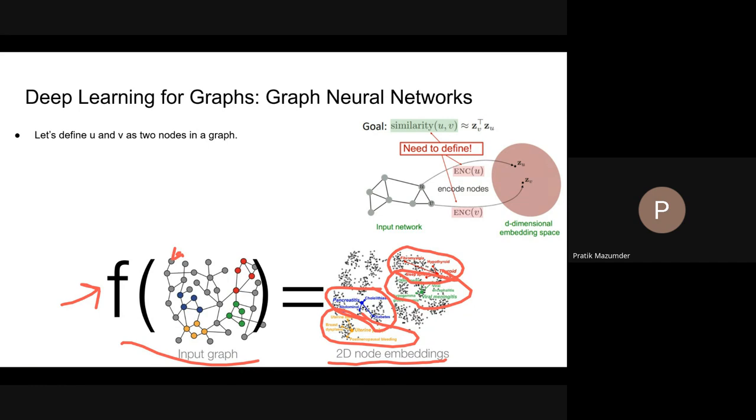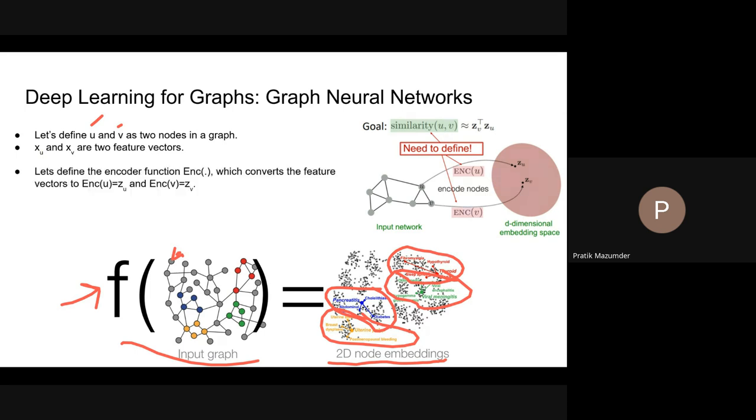So if you have two nodes, U and V, in a particular graph, with the corresponding feature vectors XU and XV, we are learning an encoding function that will convert these vectors to their embedded versions of these particular nodes.